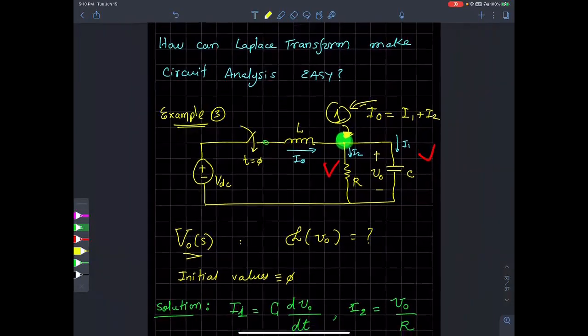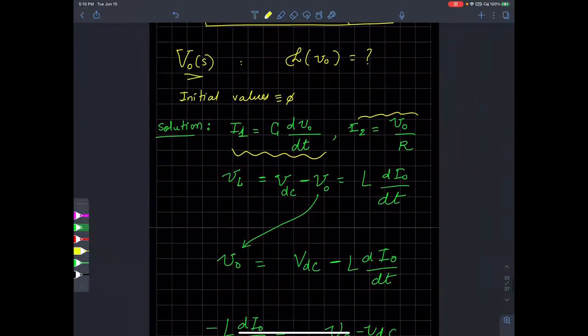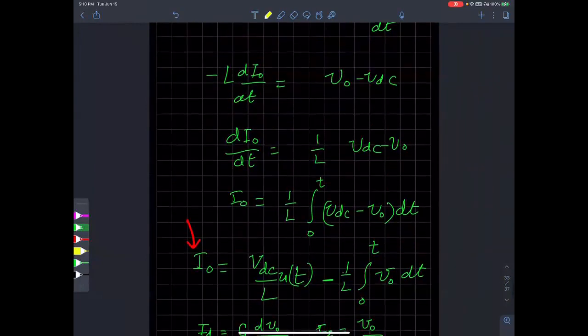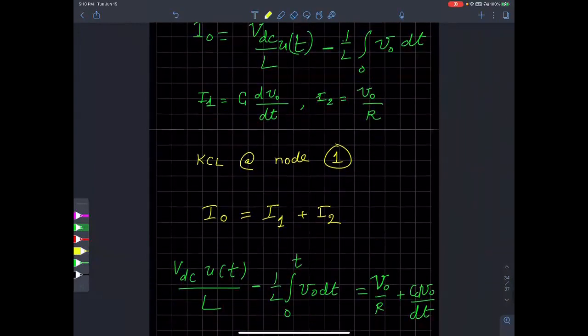Now, I1 is the current through the capacitance, I2 is the current through the resistance, and I0 is the current through the inductor. So the current through the inductor is splitting into the resistance and the capacitance.